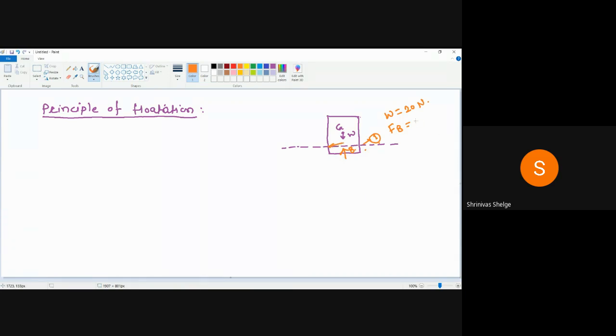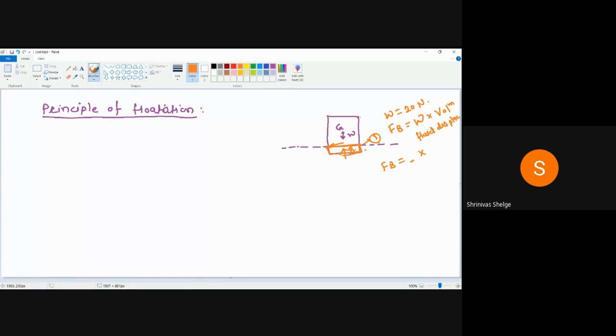Here I will write down weight density into volume of fluid displaced. So the buoyancy force equals weight density into the volume of the fluid displaced. How much volume is displaced? The volume of the body which is submerged in the fluid.